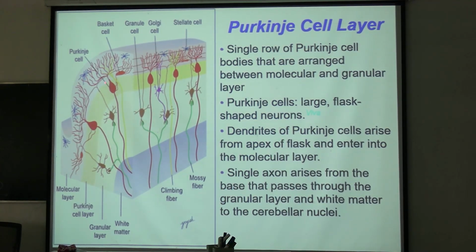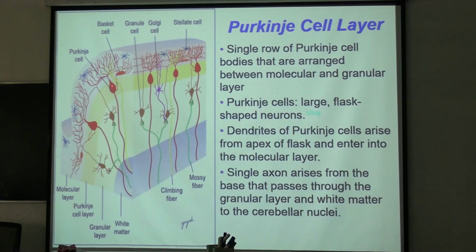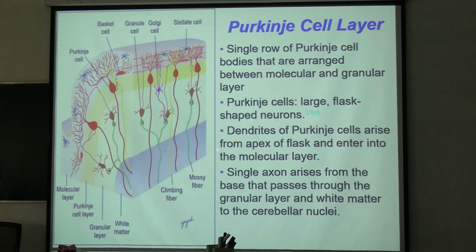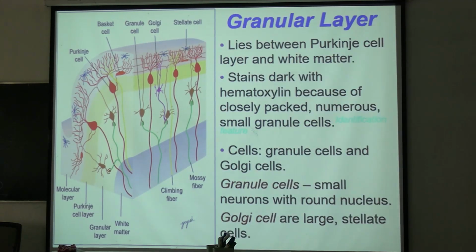A single axon arises from the base and passes through the granular layer and white matter to the cerebellar nuclei. This is the only efferent of the cerebellum.